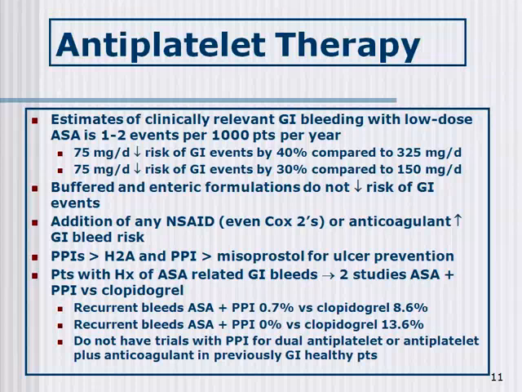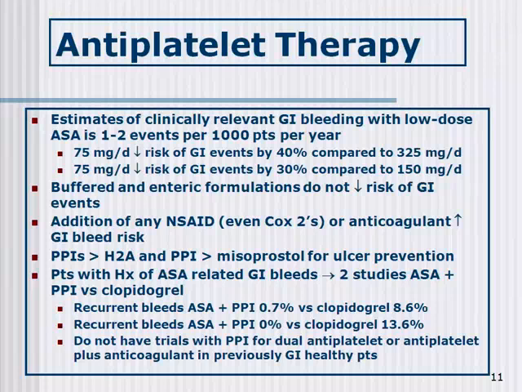There are some side effects that occur with misoprostol, such as diarrhea, which makes it less tolerable. And so I think most of the data that we have suggests that proton pump inhibitors are probably the preferred agents in terms of gastroprotection in people that are going to be on antiplatelet therapy.